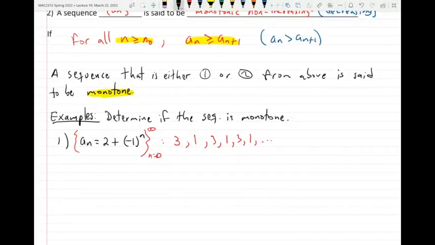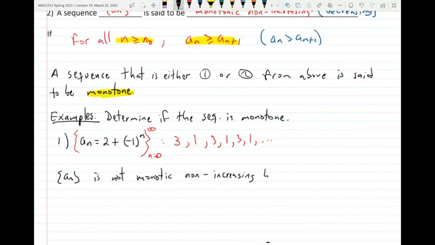So let me justify this. a_n is not monotonic, non-increasing, because to justify this, we just need to show that it actually goes up: let's say a1 is equal to 1 and a2 equals 3, so a1 is less than a2.